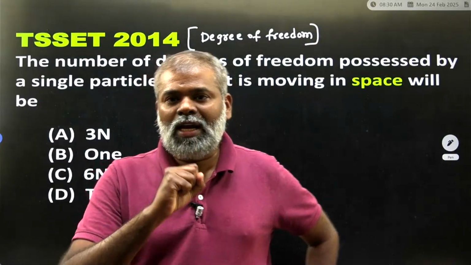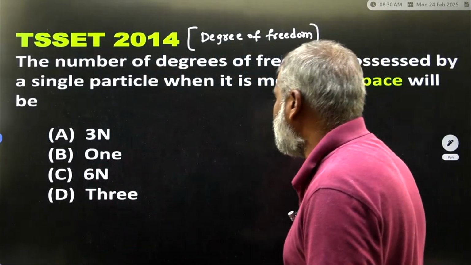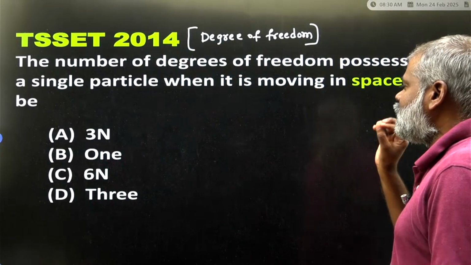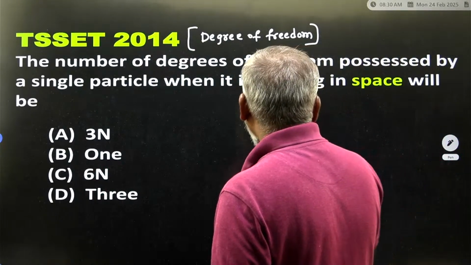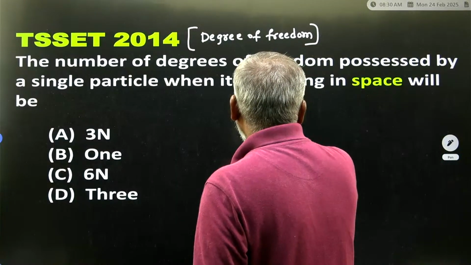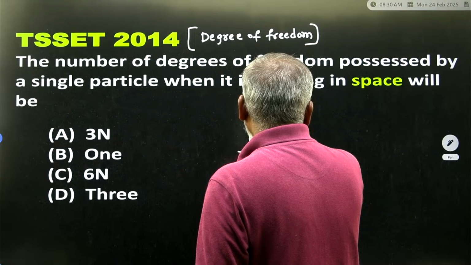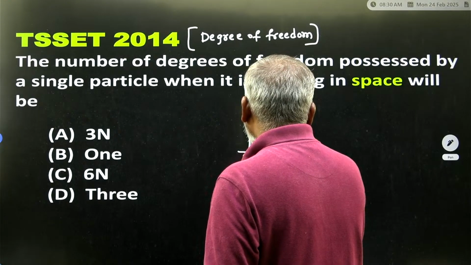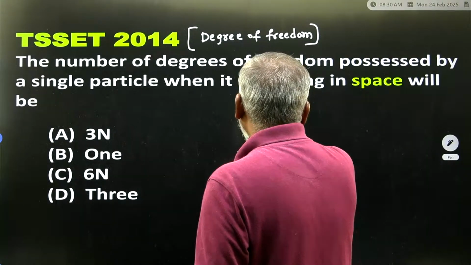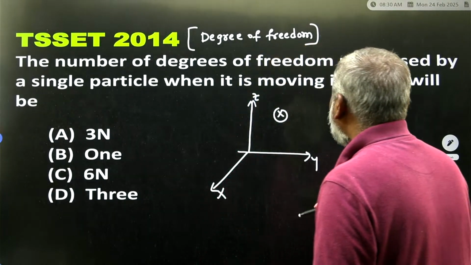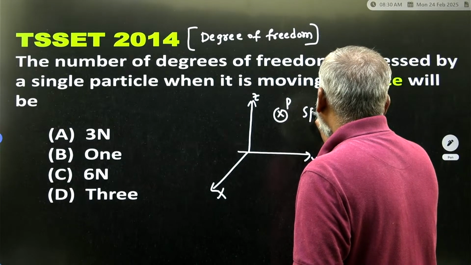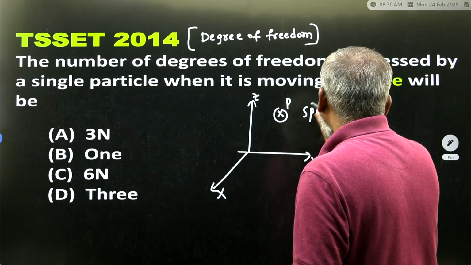How do we calculate the degree of freedom? First, consider the number of degrees of freedom possessed by a single particle, with x, y, z coordinates, moving in space.